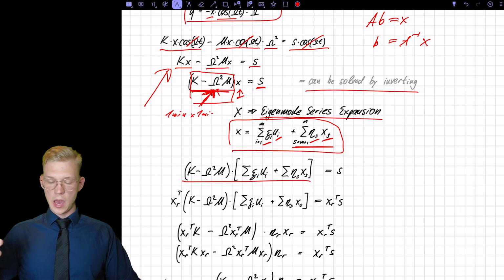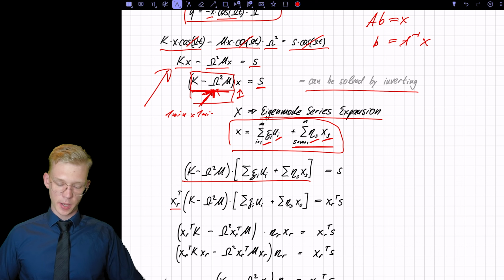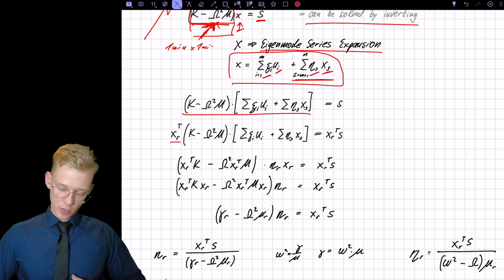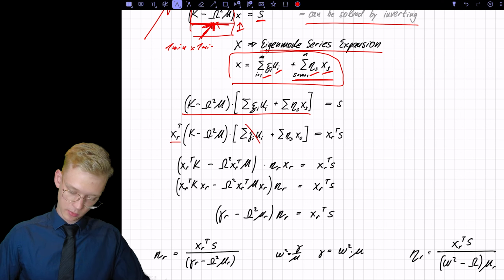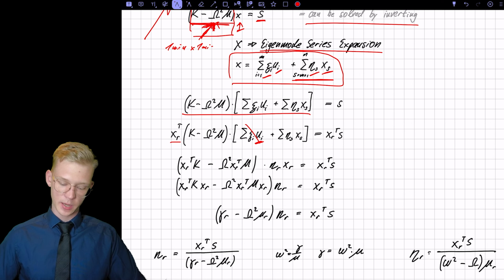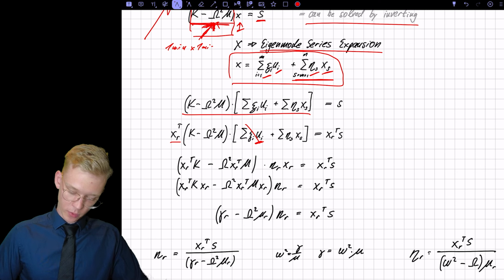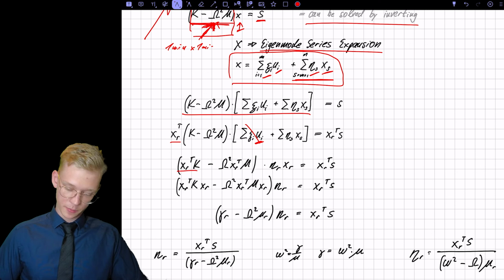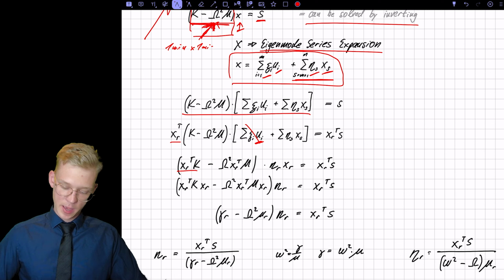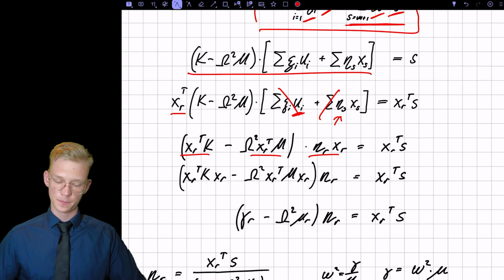Now we use the m and k orthogonality. We pre-multiply with x_r transposed. So we're left with, this is gone because this is not an x, and we are left with x_r transposed k minus omega squared x_r transposed m, and here the sum is gone and the s turns into a k.